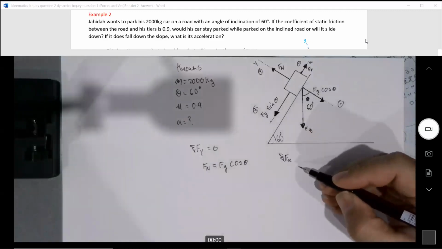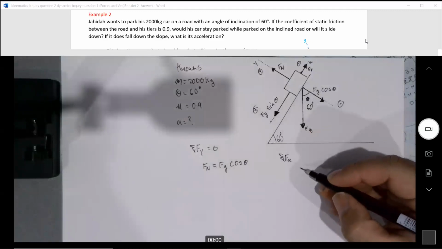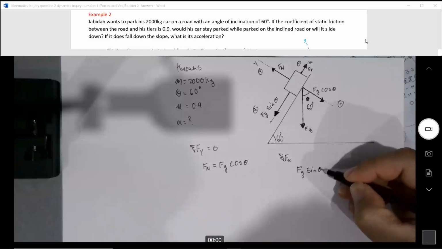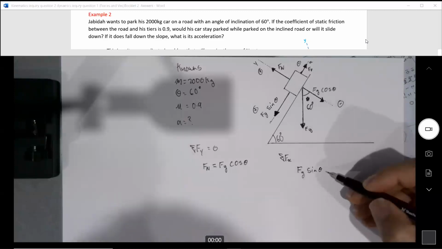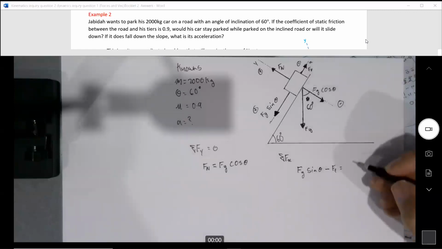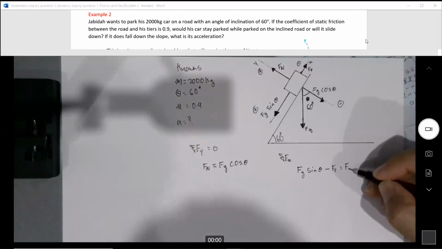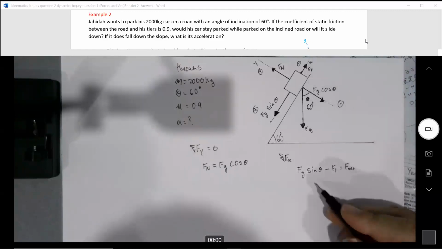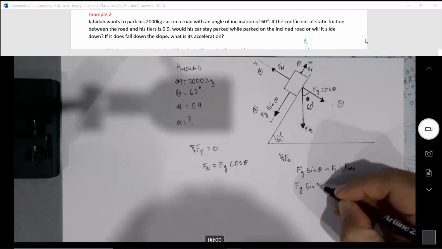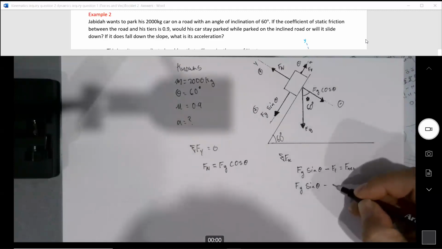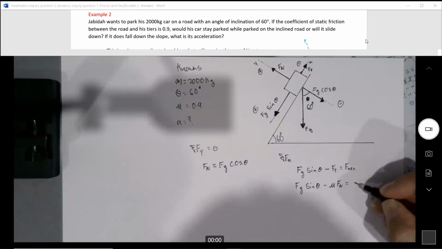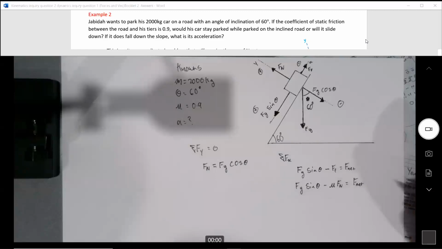We have Fg sine theta minus frictional force is going to be equal to a net force. Now we can define frictional force like so. Mu Fn is going to give you some kind of net force.